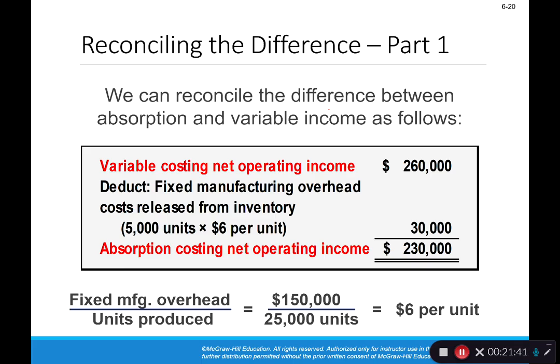So when we produce more than we sell, that fixed overhead cost of 30,000, which is the change in inventory times that fixed overhead per unit, got stuck in inventory and therefore wasn't expensed under absorption. Now the opposite happens. We produce less than we sell, so it got unstuck and gets expensed under absorption, and that's why absorption income is lower.